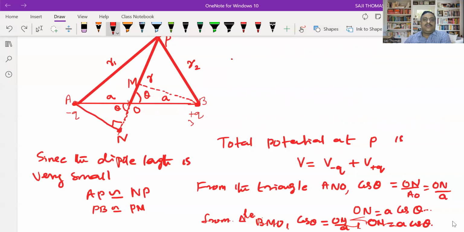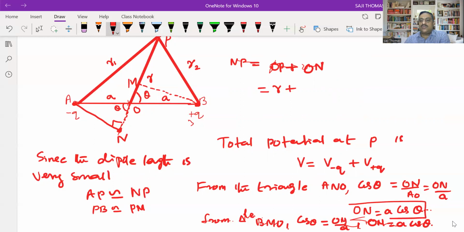So I am writing NP equals OP plus ON. And OP is R. We labeled OP as R. Plus ON we found out from the triangle. See what is ON?